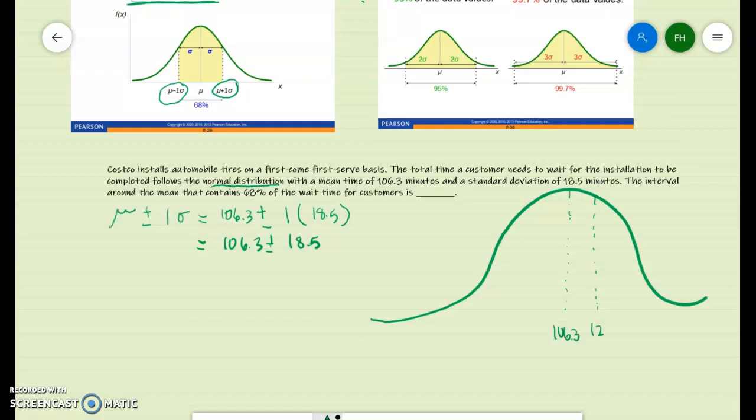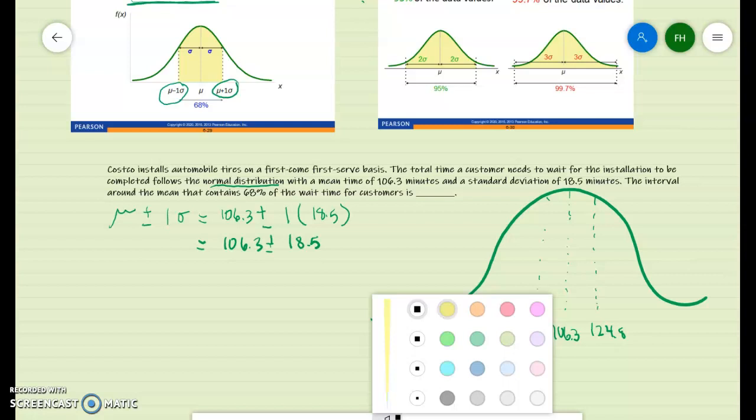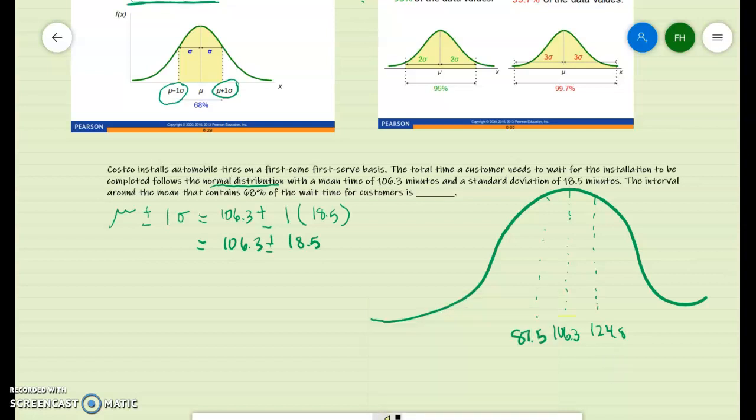So 106.3 plus 18.5 gives us 124.8. And then we're going to subtract, 106.3 minus 18.5, and we're going to get 87.5. So what that means is 68% of our customers' wait times are going to be between 87.5 and 124.8.